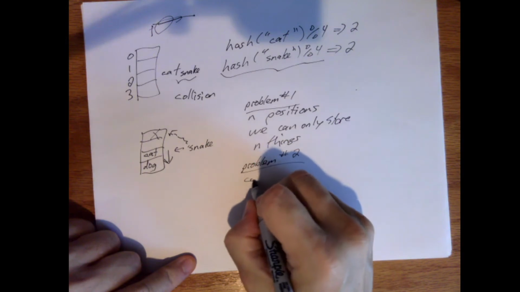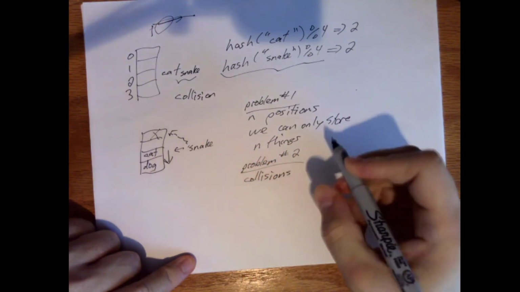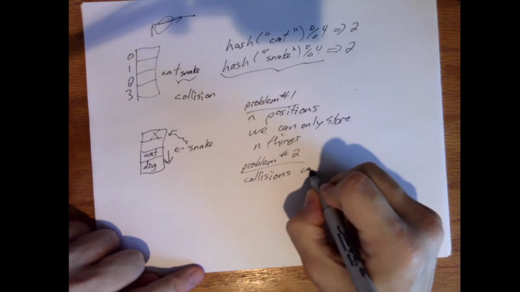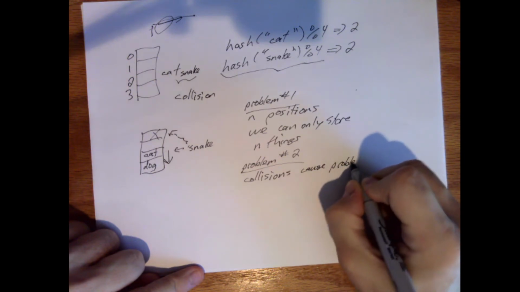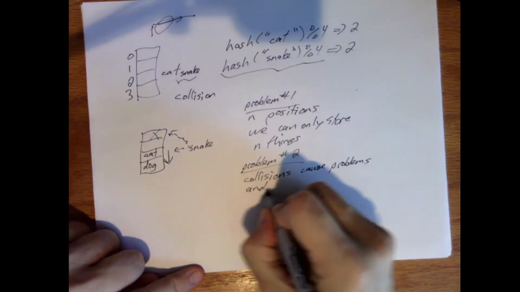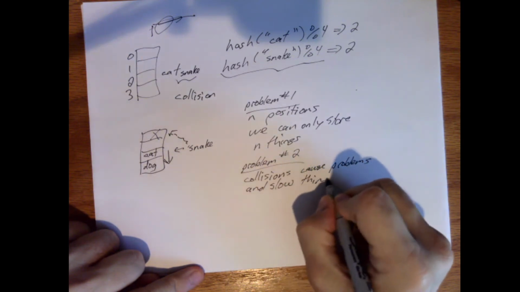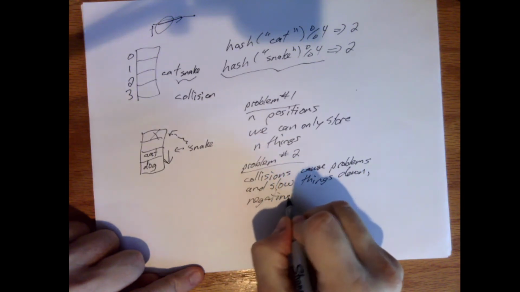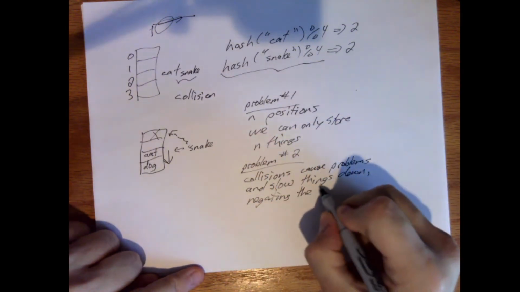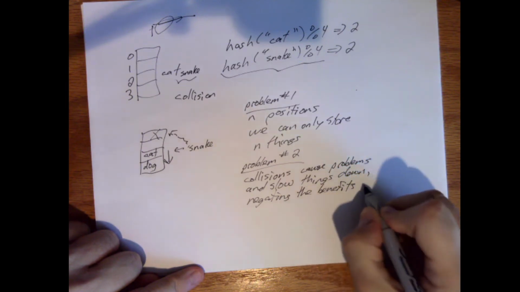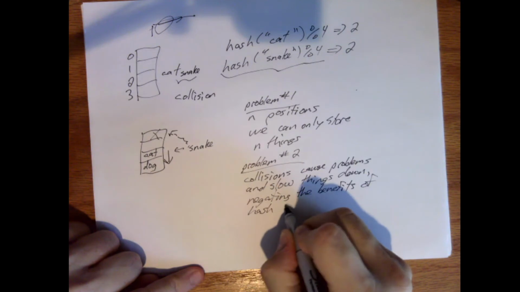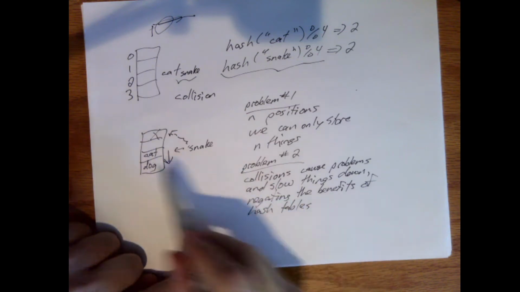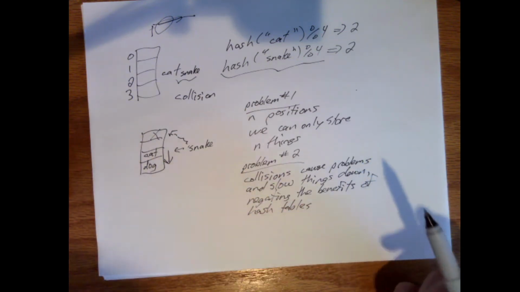So collisions cause problems, and slow things down, negating the benefits of hash tables. This is true no matter what hash table you use. There's always a potential for collisions. That's just the way it is.